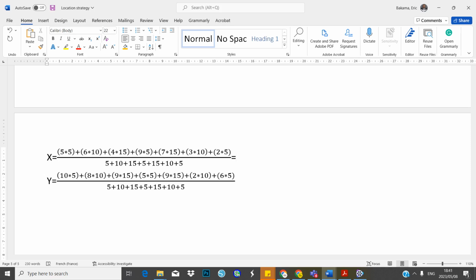Then I get the value that is going to be divided by the sum of the loads, which is 5 plus 10 plus 15 plus 5 plus 15 plus 10 plus 5. Hopefully I'm not mistaken, because right now I got 5.15, which at this rate I will try to round.